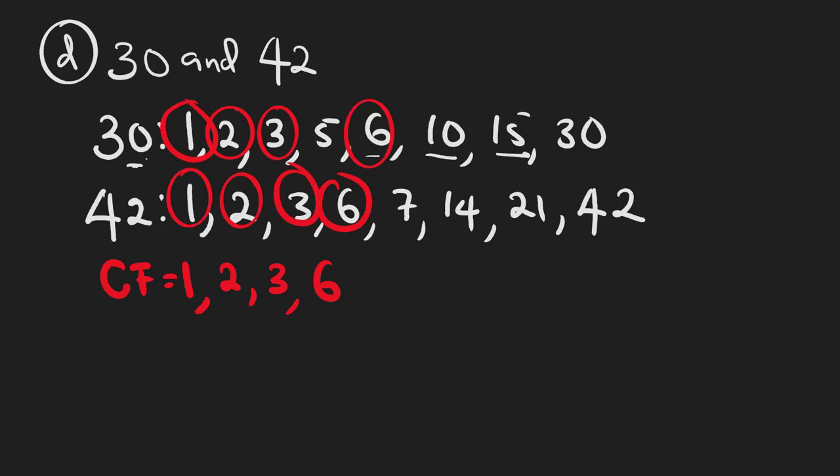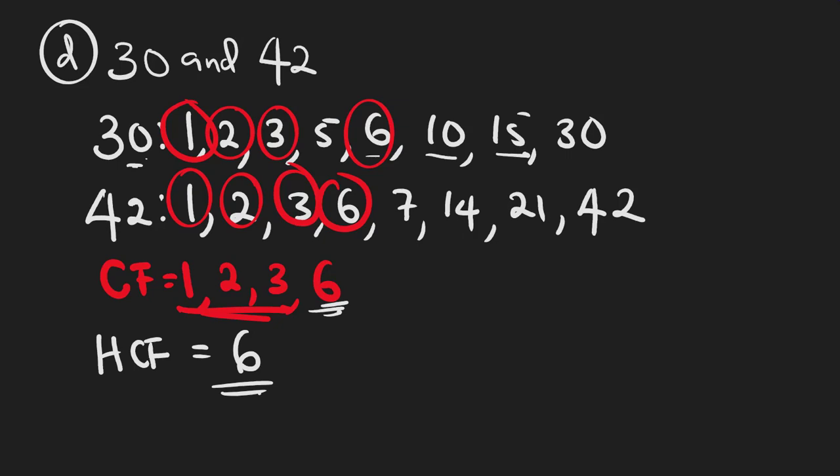So these are the common factors of 30 and 42. Then what is the highest common factor? The highest common factor is 6, right? 6 is the highest common factor. So this is how to find the highest common factor and the common factor of a pair of numbers.